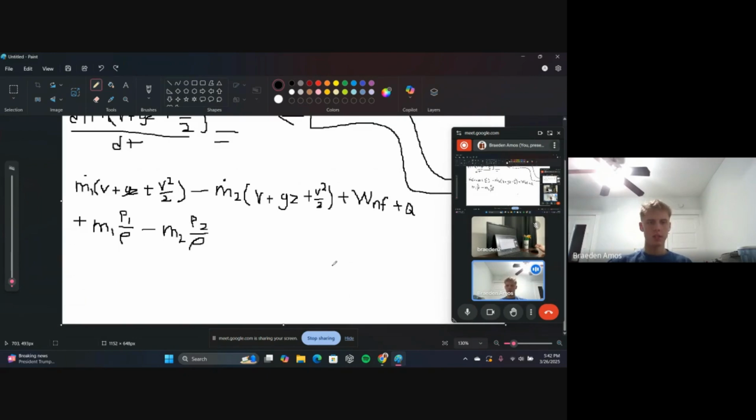So next we need to get the pressure, the potential energy, and the kinetic energy all on the one side. So first we need the pressure. We have P2 minus P1 all over rho.